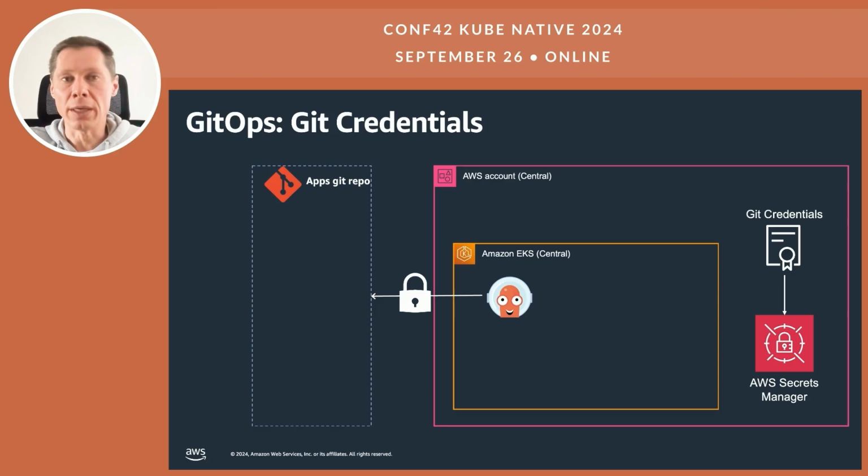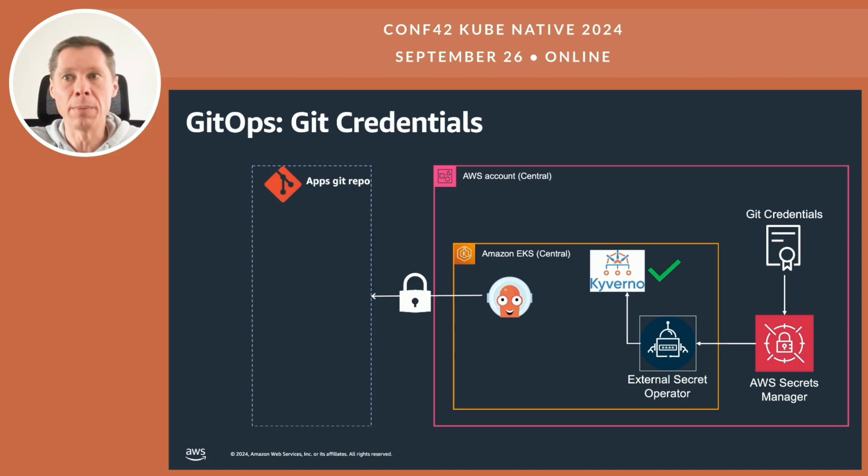Then a controller, like External Secrets Operator, would create and update the secret based on the material from AWS Secrets Manager. When External Secrets Operator creates the Kubernetes secrets with Git credentials and URL hostname, it can also be validated by Kyverno, a policy agent.